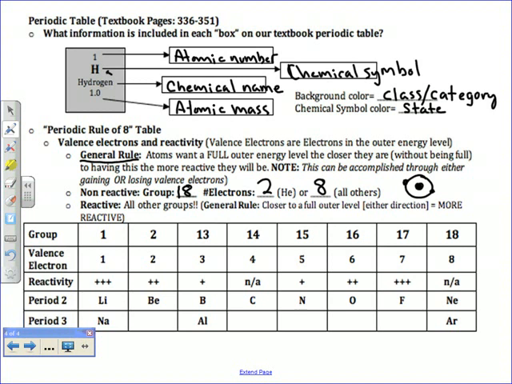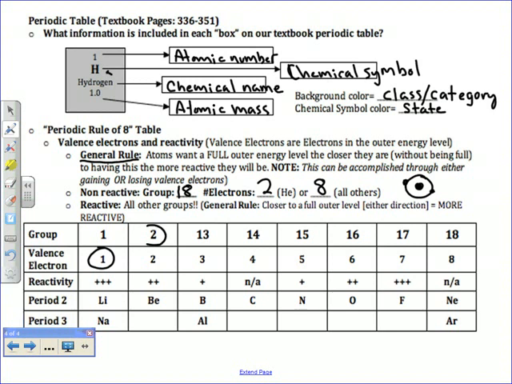Group 1 has elements like lithium and sodium. They only have 1 valence electron and are very reactive. The reason why they're very reactive is because they need to give up only 1 valence electron to be able to form the octet with another atom. And this makes it extremely reactive.